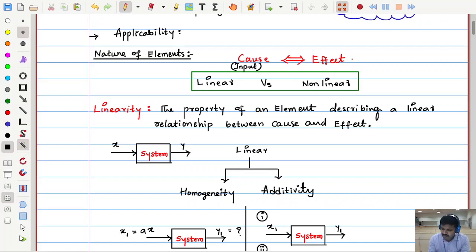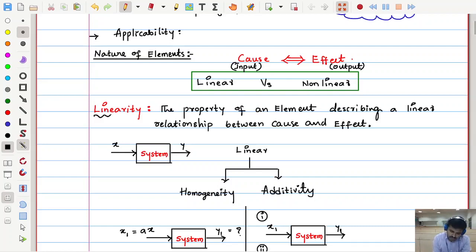The effect is the output, which results across various elements in the form of voltage or current. So depending on how these two are related, we can classify the elements as linear or non-linear.